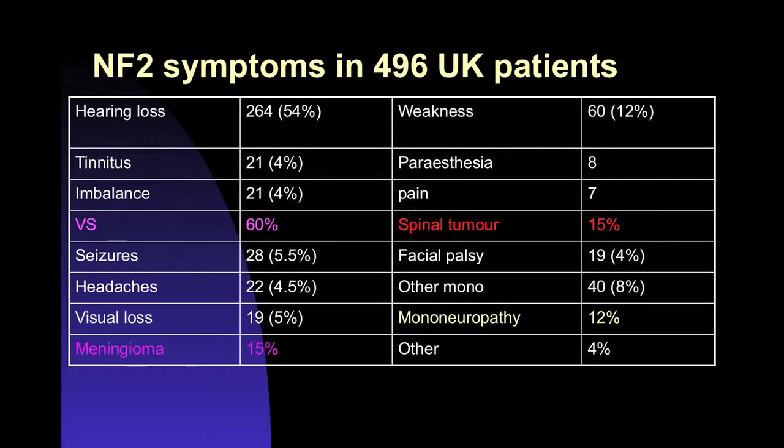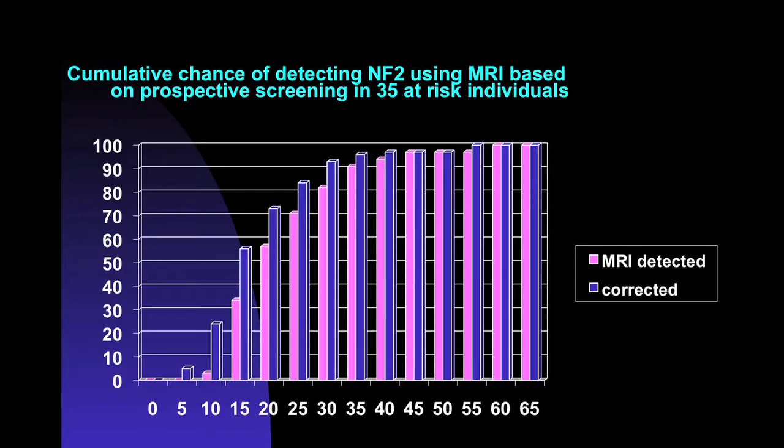And that's sort of reflected in nearly 500 UK patients here. You can see here meningiomas and spinal tumors do make up a reasonable number of the original presenting features in people. So this is using MRI in first-degree relatives, children of people with NF2.